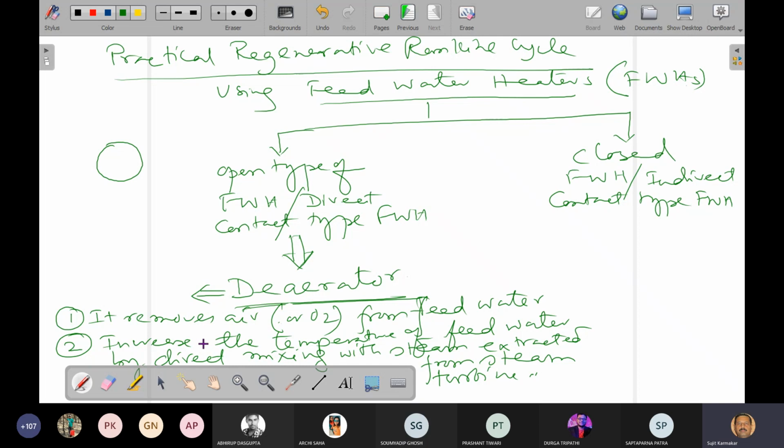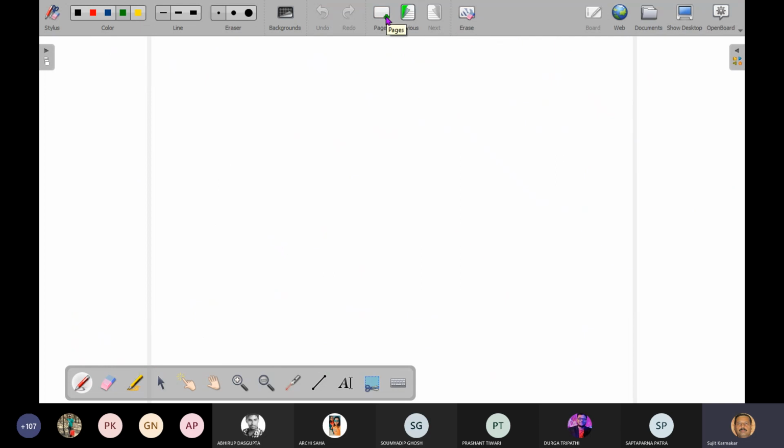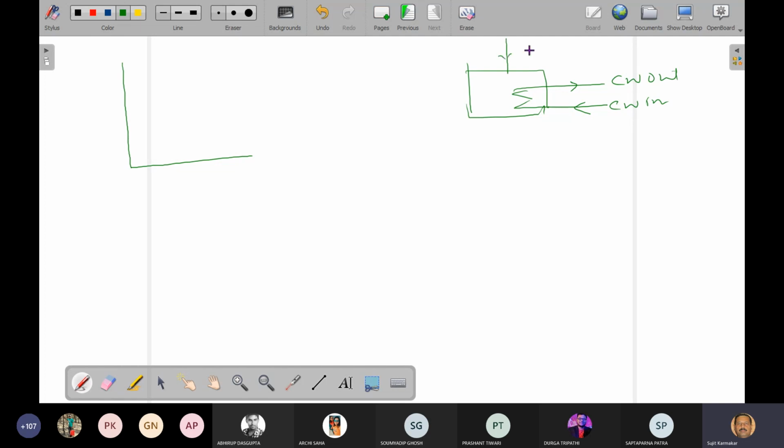Let me draw this. This is the heat exchanger, correct? A condenser is a heat exchanger. Here the cooling water is coming in and this is the cooling water going out. And the steam from the turbine is coming in.